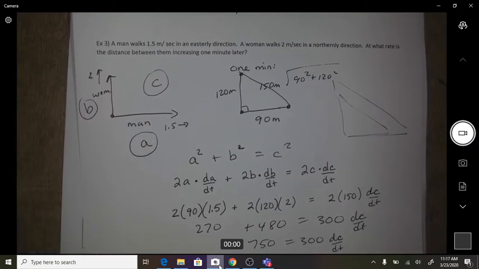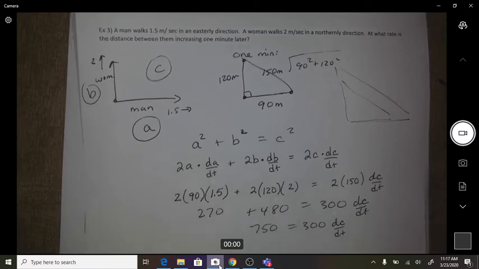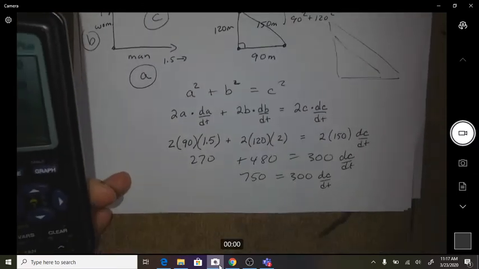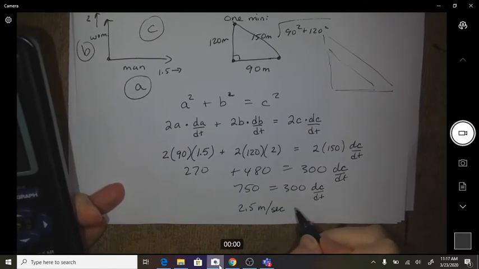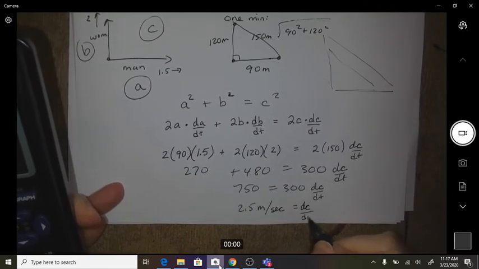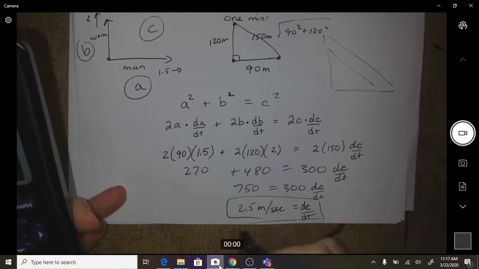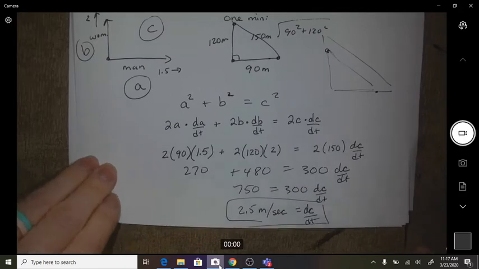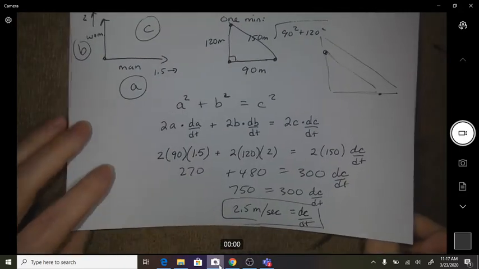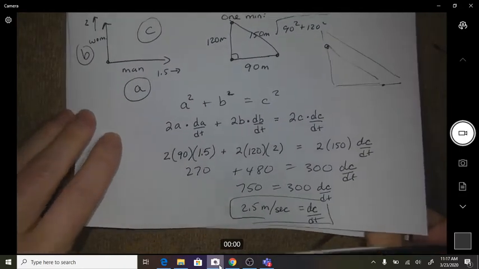So 750 divided by 300, and we get 2.5 meters per second is the change of the hypotenuse with respect to time, or in other words, their distance apart from each other. That's the rate it's changing at precisely 1 minute of time.